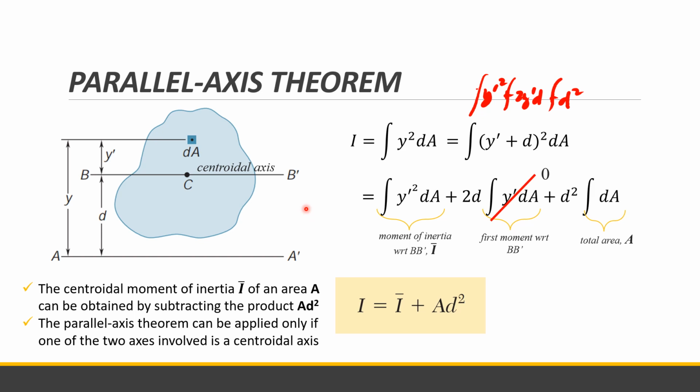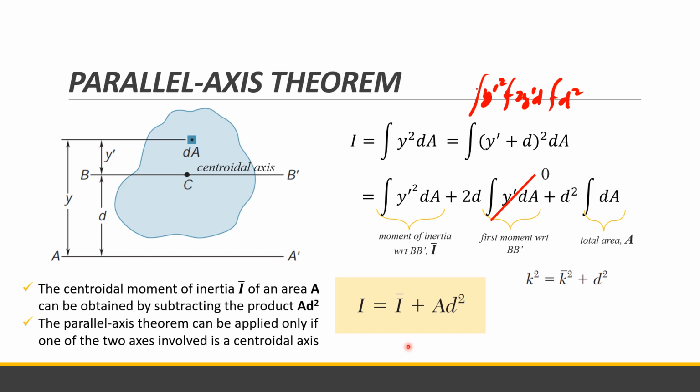One of the two axes must strictly be the centroidal axis. The other axis, I, can be anywhere, as long as one of the two axes is the centroidal axis.